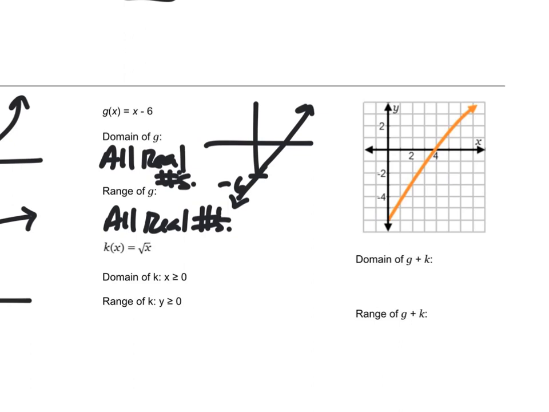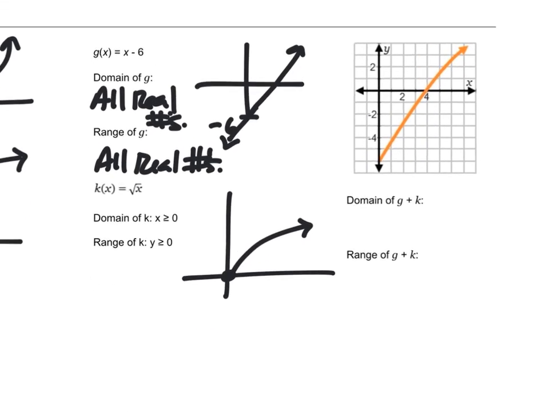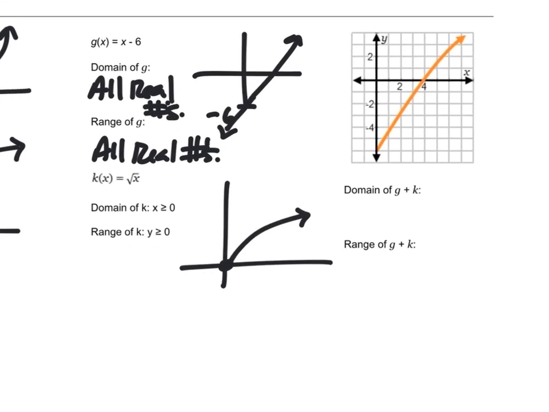So here's the thing. I have this other function k, and we talked about the graph of that function. The domain is restricted. You can only plug in positive numbers, and you only get positive y values. So then let's say that we combined these two functions, okay?